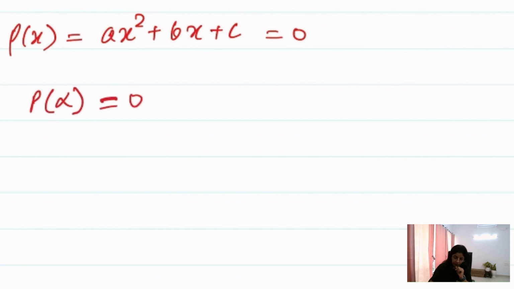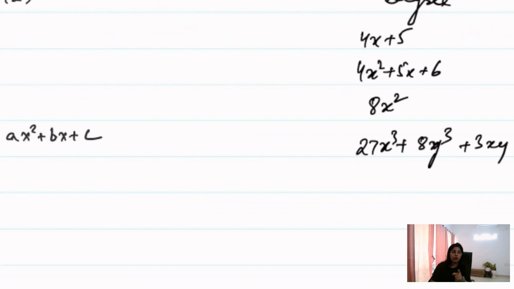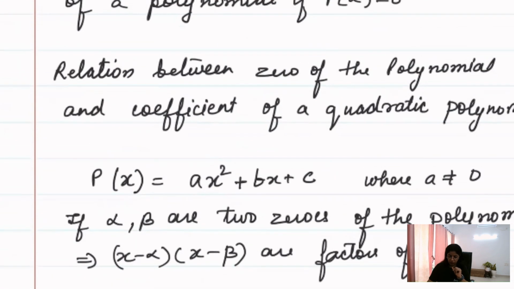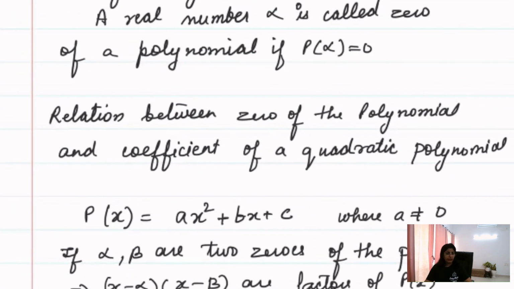So let that be alpha, represented by p of alpha is equal to 0. Then alpha is the zero of the polynomial. I hope this is clear. Though you have done it in detail in grade 9, this concept should be clear before we move on to more detail of the chapter.